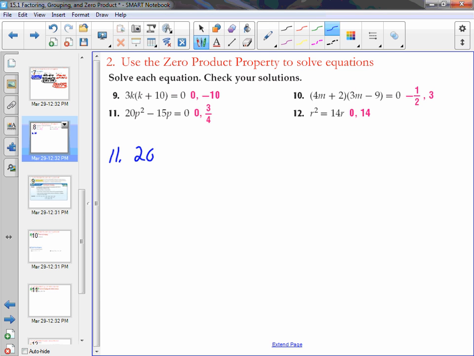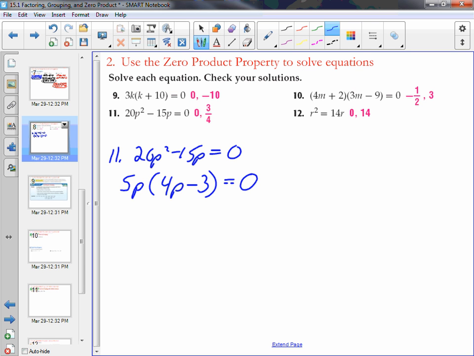All right, we've got 20t squared and 15t equals 0. So we've got the equation the way we want it. We've got factors there. So for 20 and 15, greatest common factor, 5, t squared and t. So 20t squared divided by 5t is 4t, minus sign. 15t divided by 5t, 3 equals 0.